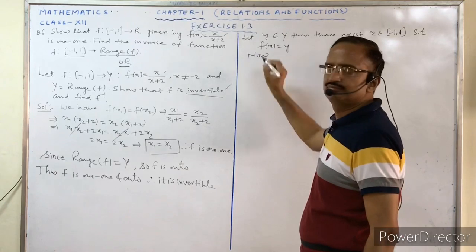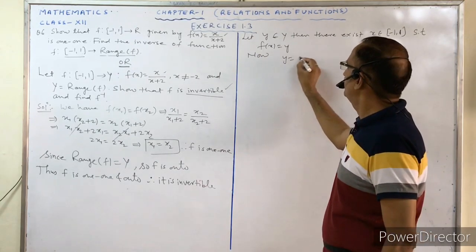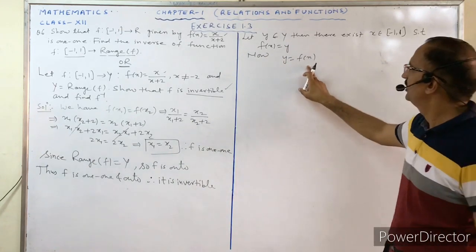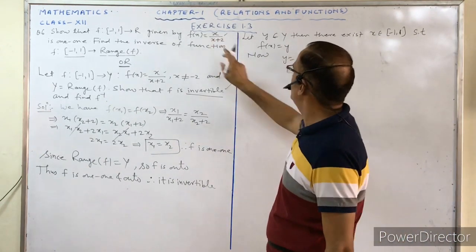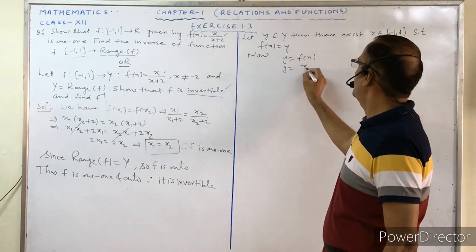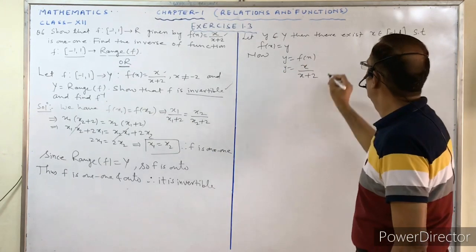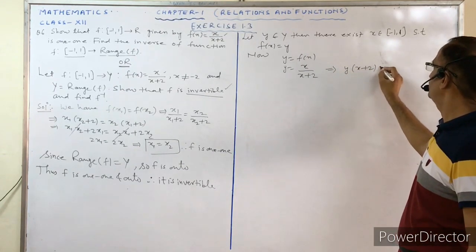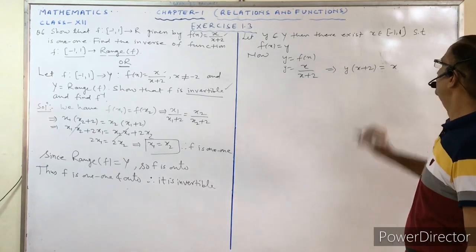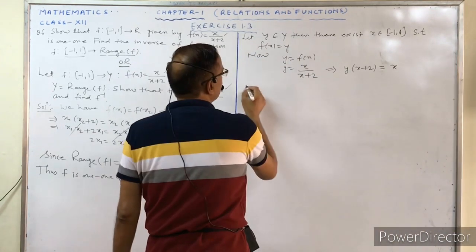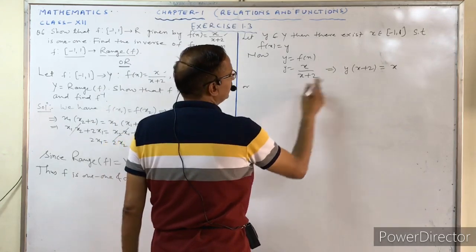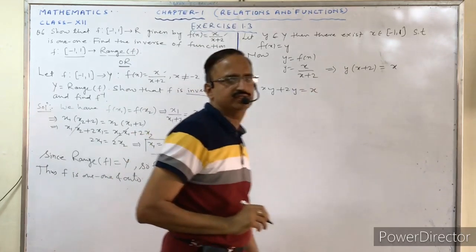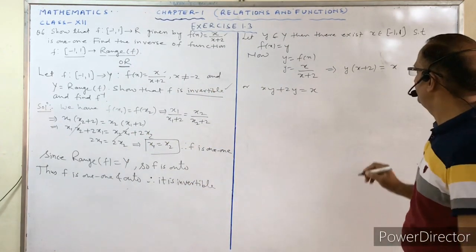Now y equals f(x). What is the value of f(x)? x upon x plus 2. After further simplification by using the cross multiplication method, we may write this as xy plus 2y equals x.